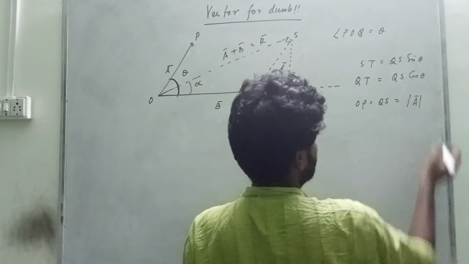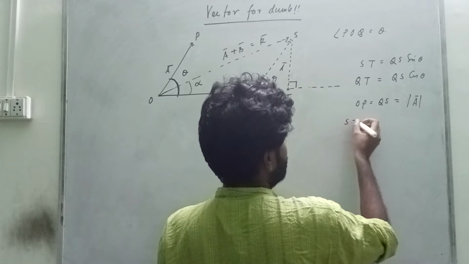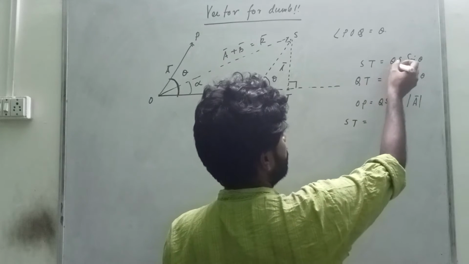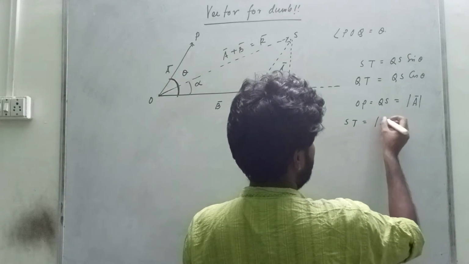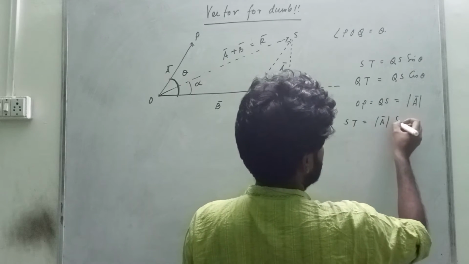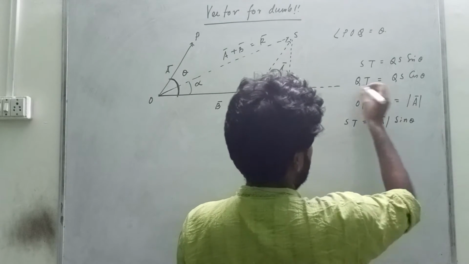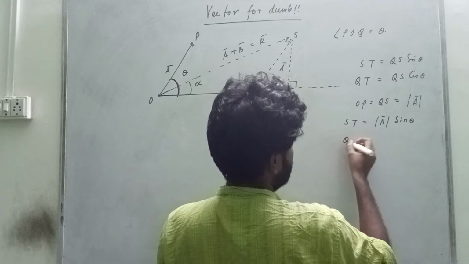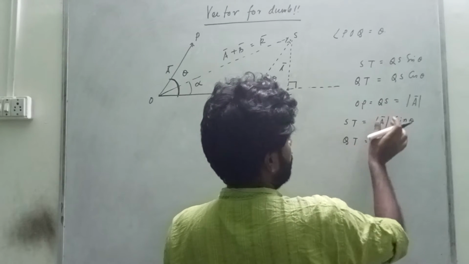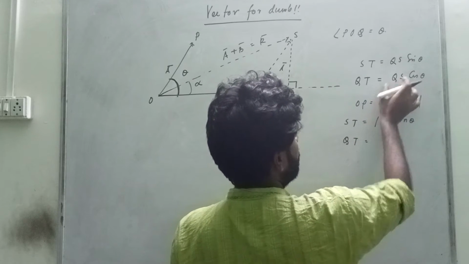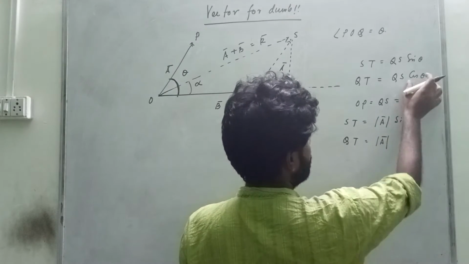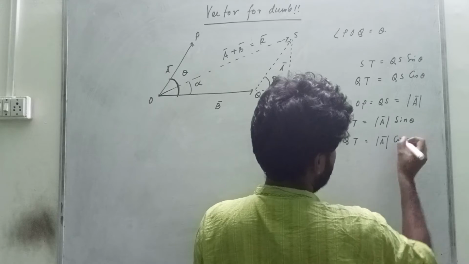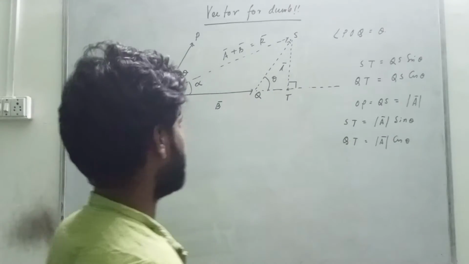Just the modulus of A. So ST means modulus of A times sin theta here, and QT means modulus of A times cos theta here. Okay? This is a very simple case.